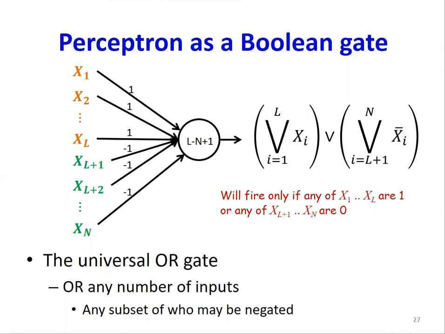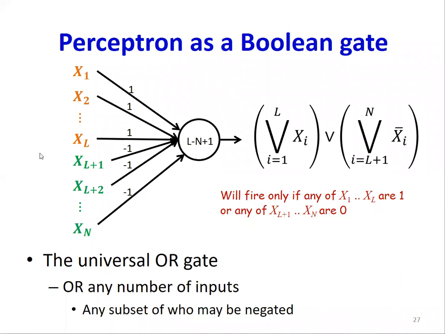If any one of the bits flips, then that sum is going to increment by at least 1. Which means that if at least one of these guys is 0 or at least one of these guys is 1, it will fire. Make sense?